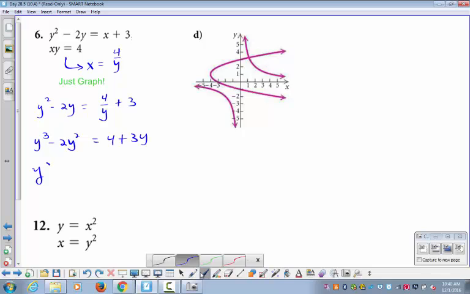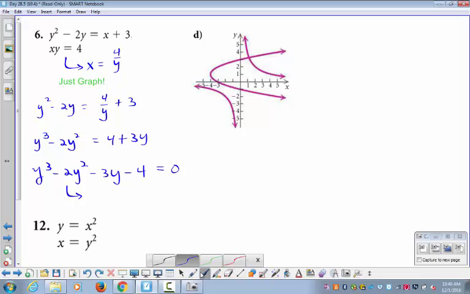And this is why this one says just graph it, because that is hard to solve. So if we look at the graph up there, that doesn't really look like it's right on an integer, does it?